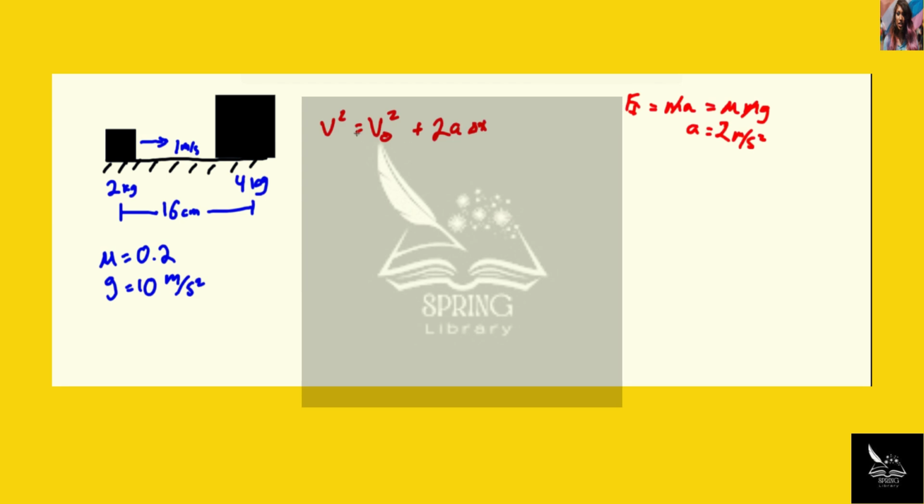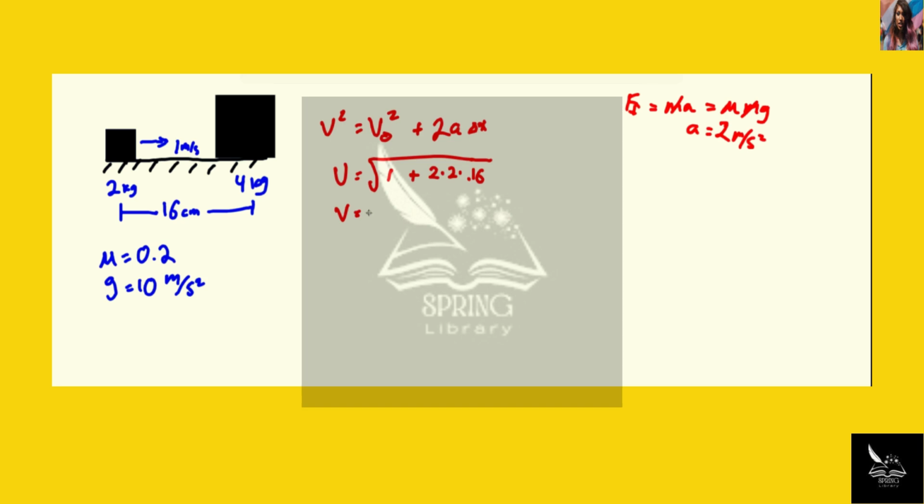So the final velocity is going to be equal to the square root of this whole side, where v naught is 1 meter per second, and 1 squared is just 1. And then we have 2 times 2 times 16 centimeters, or 0.16 meters.